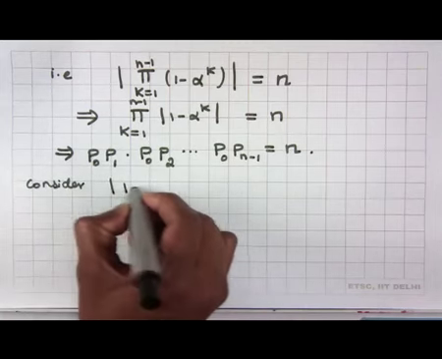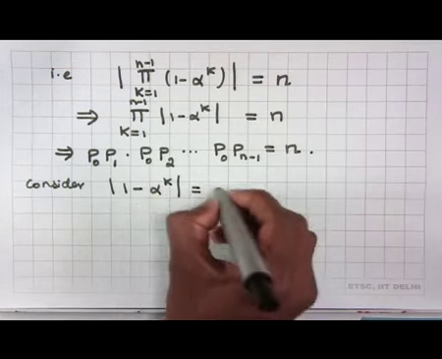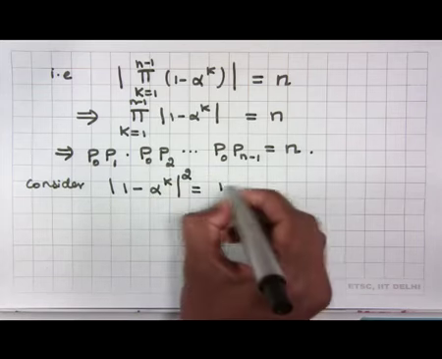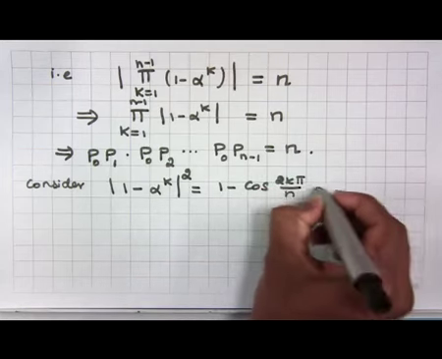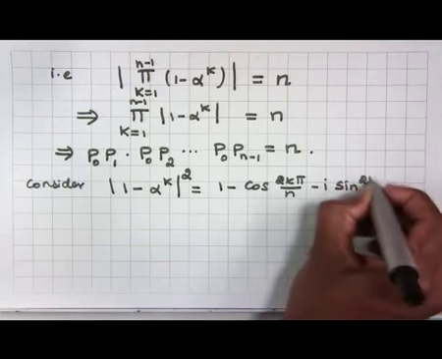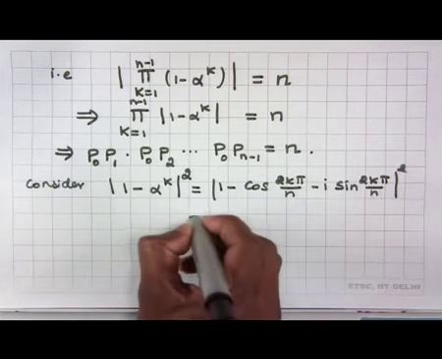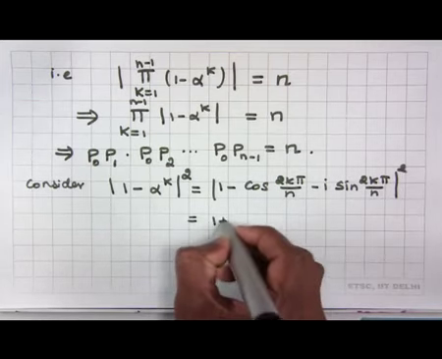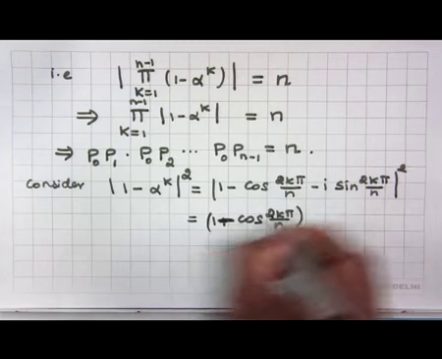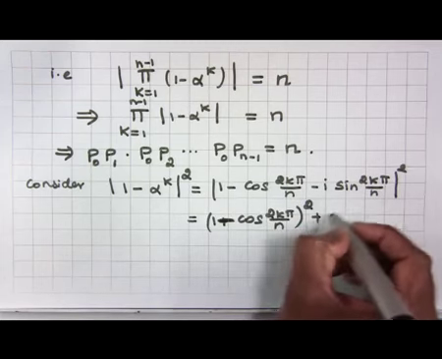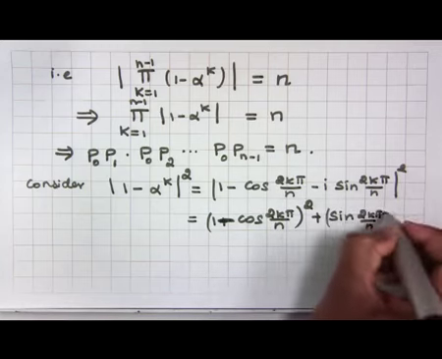the distance from 1 minus alpha power k, which is 1 minus, let us consider its square, this is 1 minus cos 2 k pi by n minus i sin 2 k pi by n whose mod square we get as 1 minus cos 2 k pi by n the whole square, that is the real part square, plus imaginary part square, sin 2 k pi by n square.